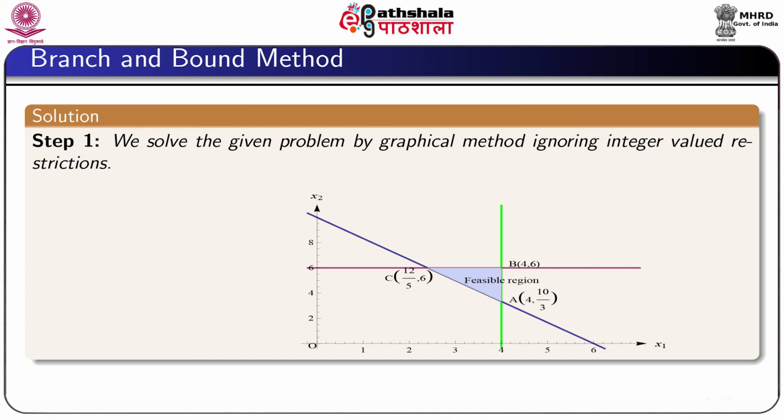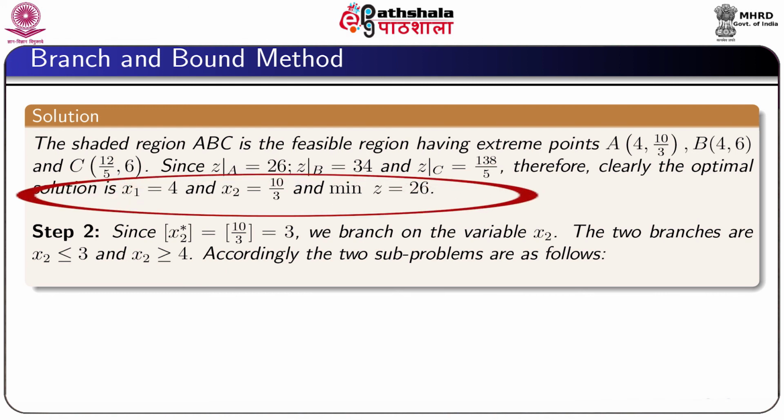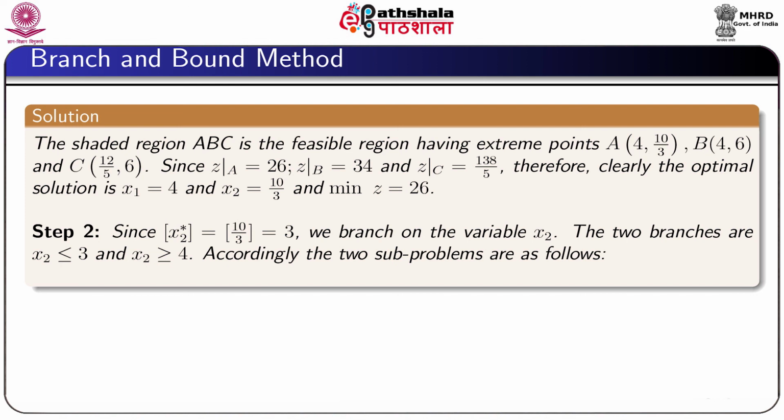Let us solve this problem graphically, ignoring the integer valued restrictions. The slide shows the feasible region for the problem, and from the extreme points of the feasible region we see that the optimal solution is obtained at the point A, that is at the point (4, 10/3), that means x1 equal to 4 and x2 equal to 10/3, and the corresponding minimum value of z is equal to 26.